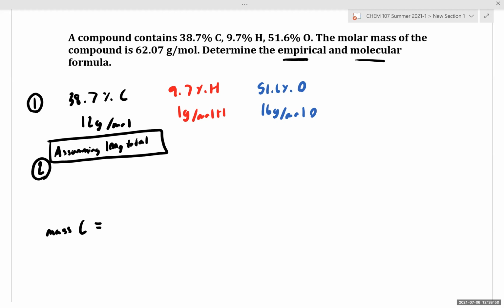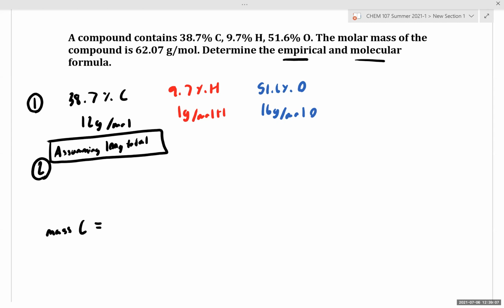So we have the mass percentage of carbon, and we know that we can assume 100 grams total. Thus, what would our calculated mass of carbon be in this sample?